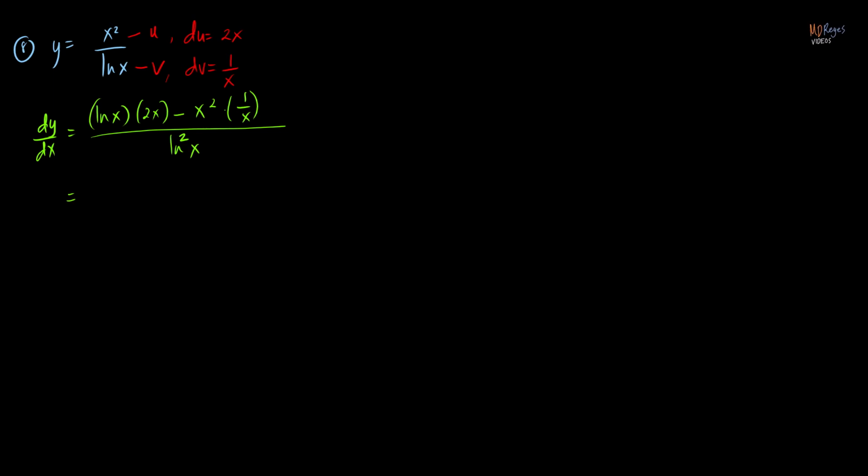So simplifying that, you'll just get 2x ln of x. And then x squared over x is just equal to x. So we'll just get minus x all over ln of x squared. This is the derivative of y with respect to x.